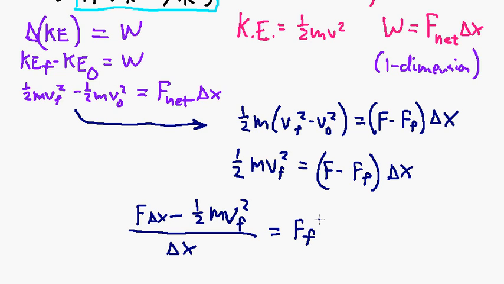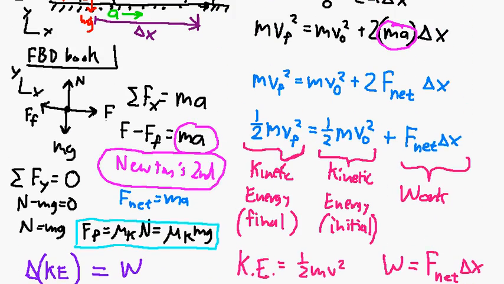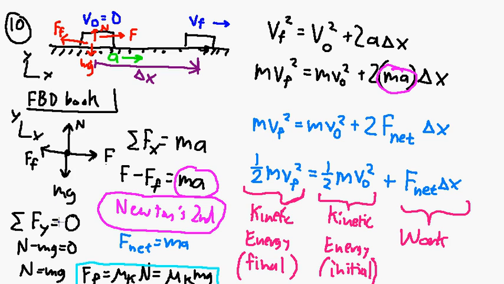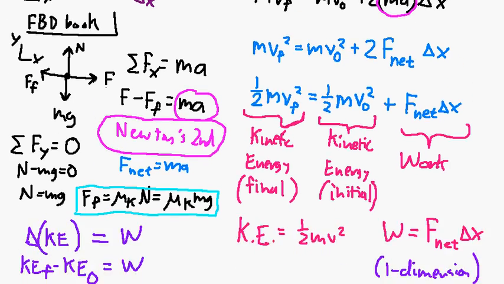Okay, so that's going to give you your friction force, and then your coefficient of kinetic friction is going to equal the friction force divided by the normal force. And if we come back up here, we did our free body diagram, the normal force is mg.